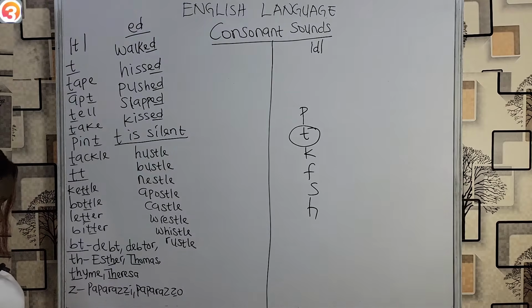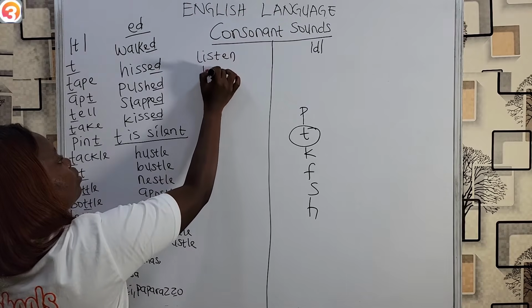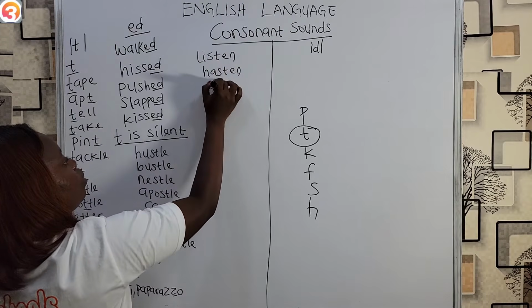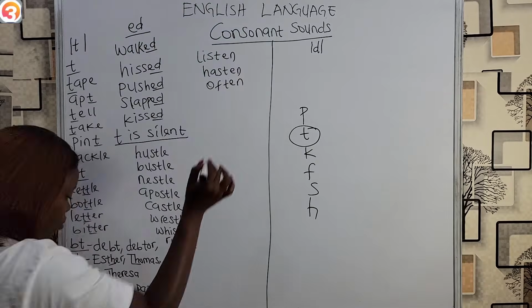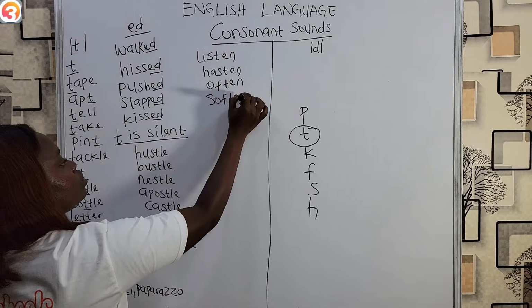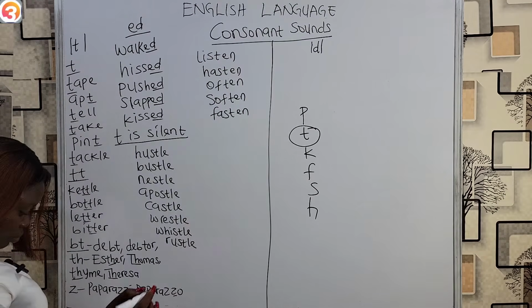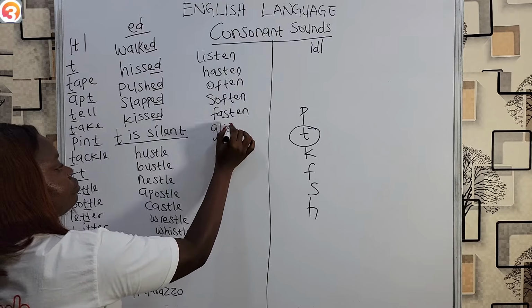It is also silent in words like listen, hasten, often. Words like soften, fasten, glisten.